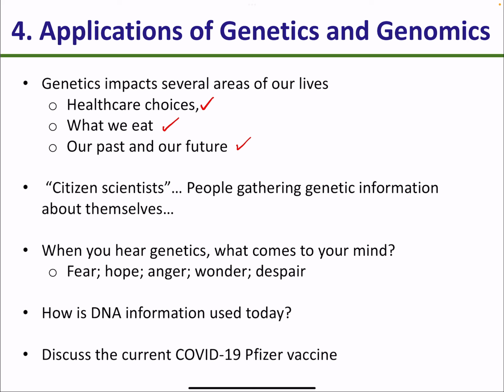You gather all this information and you decide to interact with scientists and share your data with scientists. And scientists now can use this data and basically enrich the scientific knowledge that we have about human genetics, right?